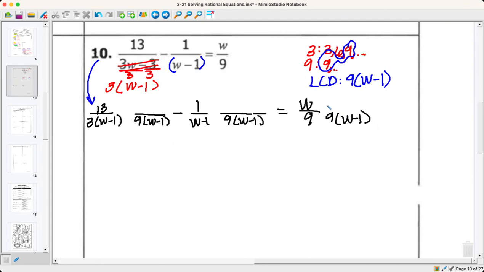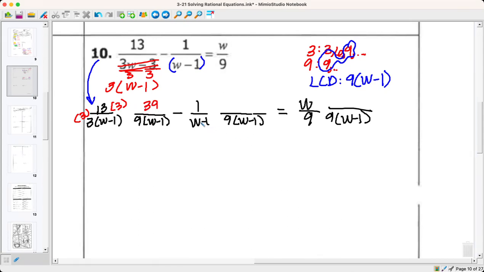From here, let's see what we got to multiply by to achieve our numerators. To go from 3 times w minus 1 to 9 times w minus 1, I'm having to multiply this 3 by 3. So if I multiply this by 3 to get 9, I'm multiplying this by 3. 13 times 3 is 39.